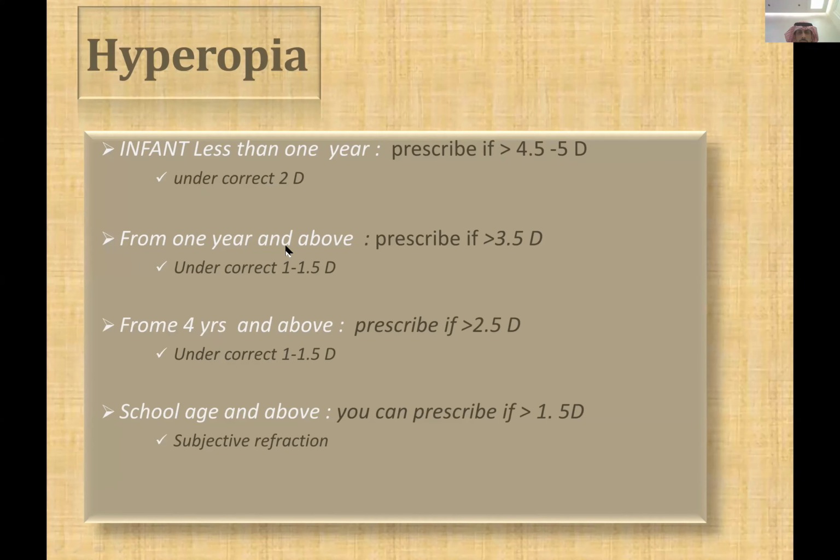From 1 year and above, let's say from 1 year to 4 years, prescribe for more than 3.5 diopter. Again, this is different from American Academy of Ophthalmology guidelines, but it's not a must for everyone to follow; this is what I found in the summary of the guidelines.